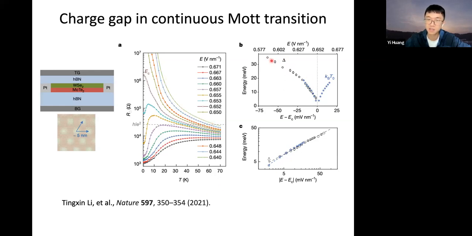And they see that the slope becomes smaller and smaller once they approach the Mott transition point. However, you can see that the smallest activation energy they get is like 6 milli-electron volts, and they have no data points below that. And probably this is related to disorder also.